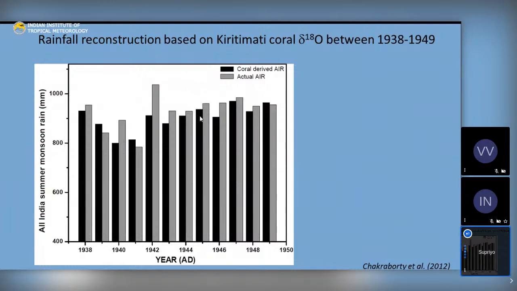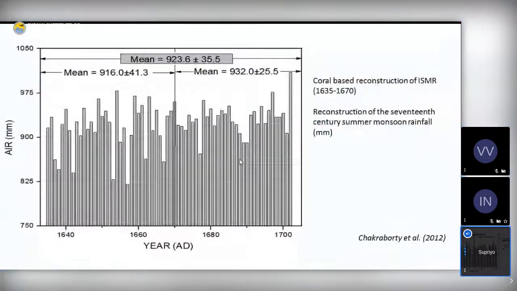The black bars represent the coral-derived all India summer monsoon rainfall, and the gray bars represent the actual measurements. So we see that there is a very close resemblance between these two records.